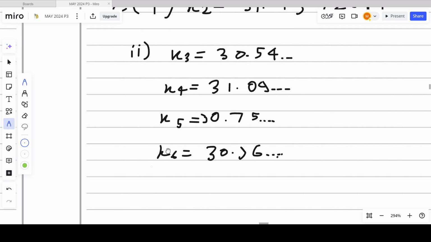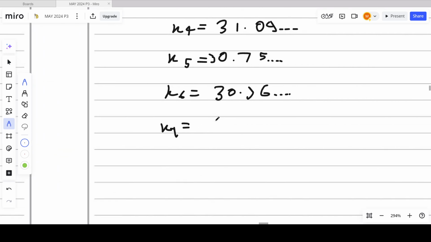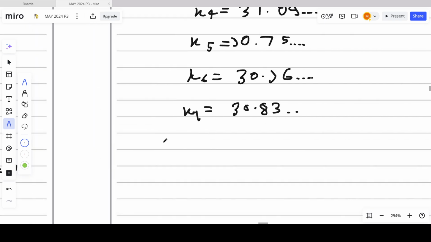Then x7, okay, x7 is what? 30.83, and then x8, it will be 30.91. So we can see it is getting converged to a value.